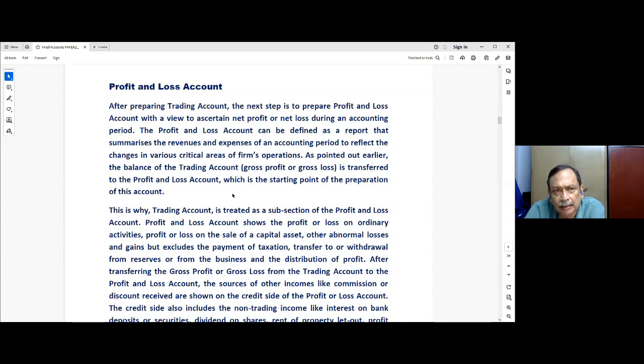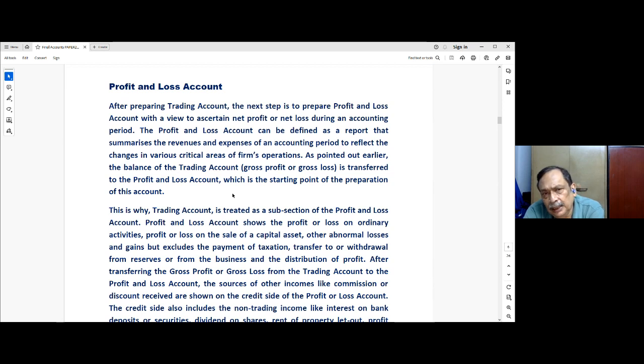Now we are having profit and loss account. After preparing trading account, the next step is to prepare profit and loss account with a view to ascertain net profit or net loss during an accounting period. So what I have said, gross profit is called overall profit.